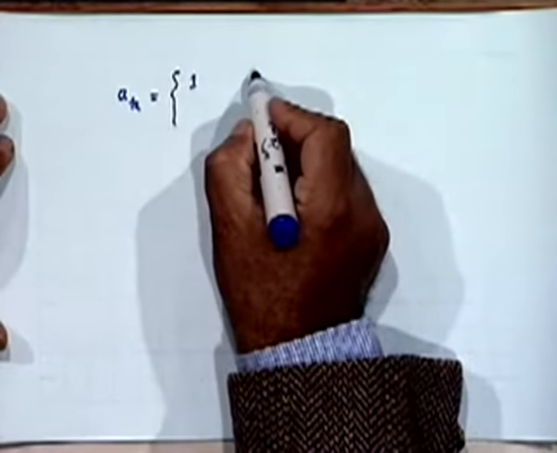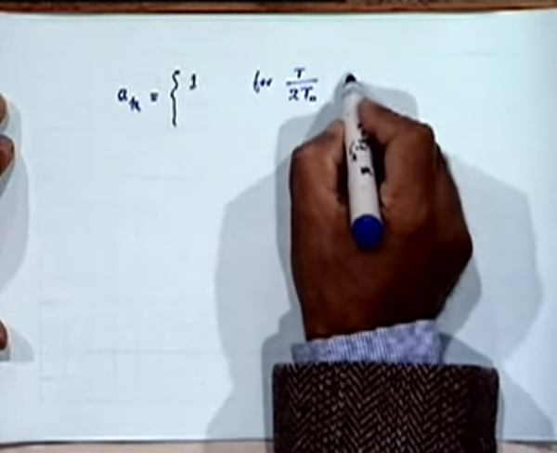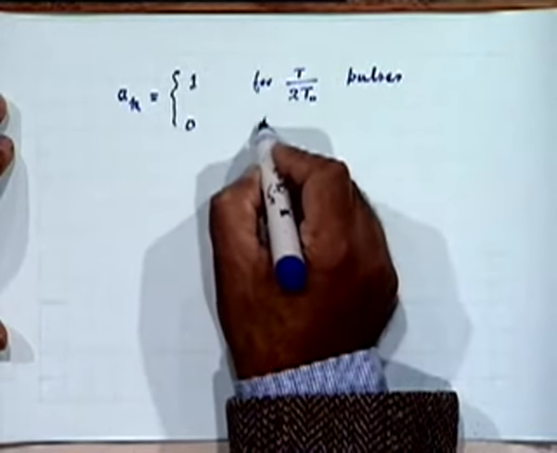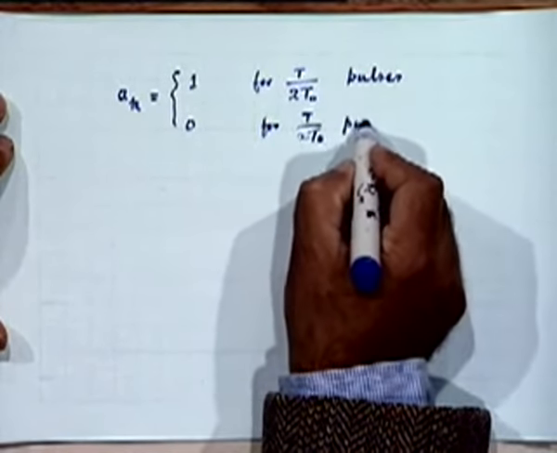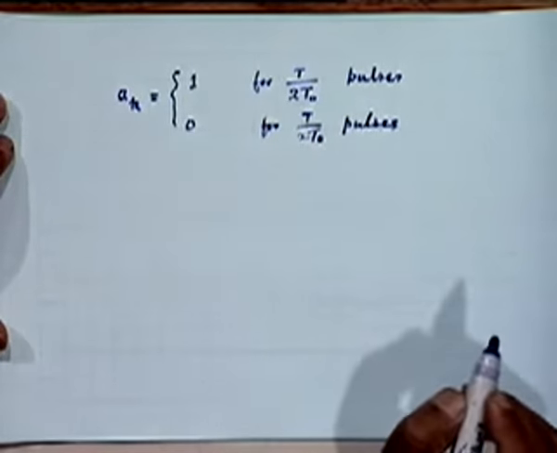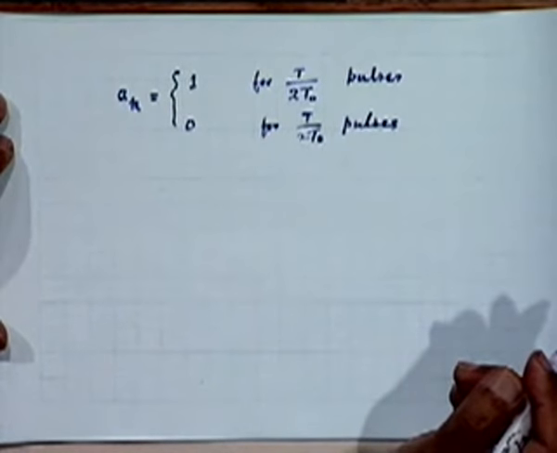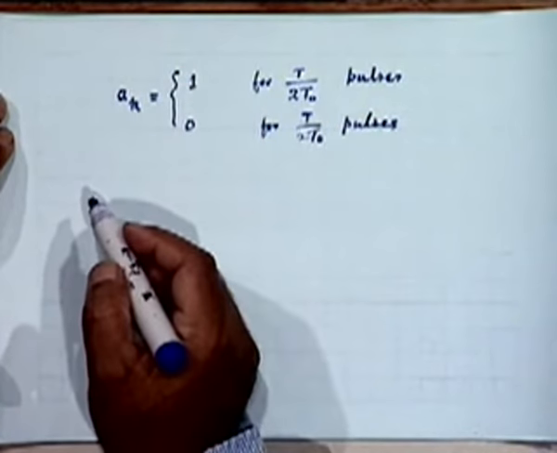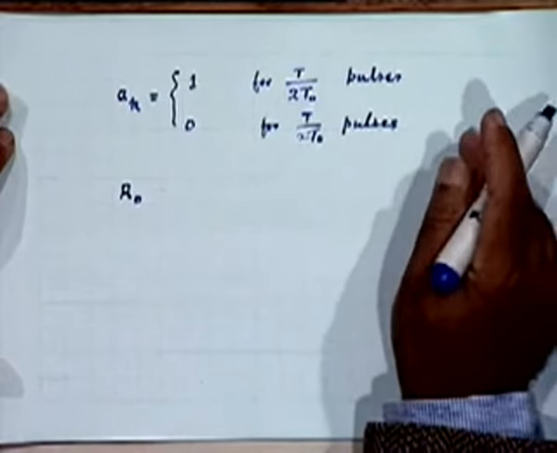So it is 1 for T by 2T0 pulses, and it will be 0 for an equal number of pulses. Is that alright?